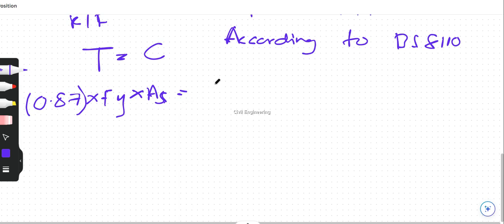And here, the compression zone also gives this much compression for the equilibrium.